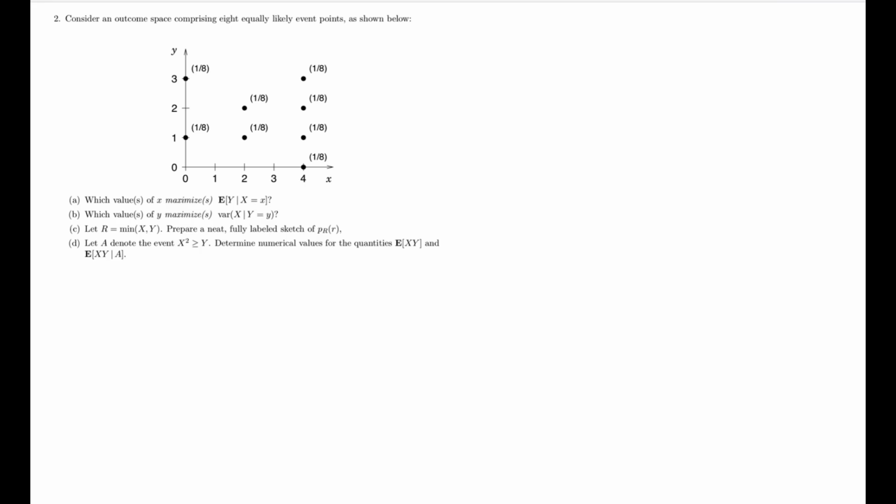Anyhow, let's proceed further. We have to find for which value of x we will have the maximum expectation. So let's first look at this expression, the expectation of this random variable y given x takes the value little x.